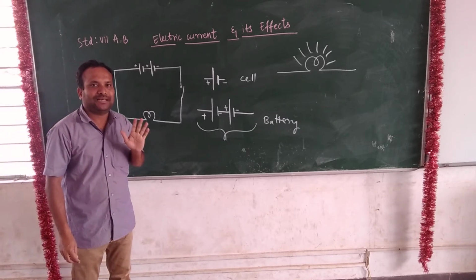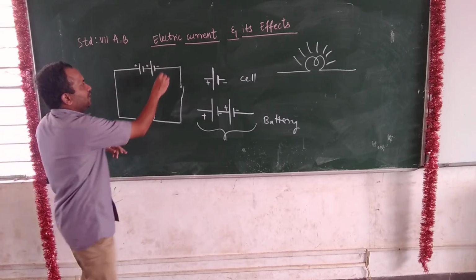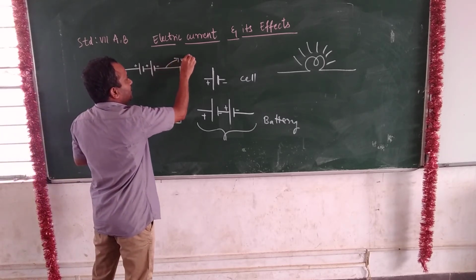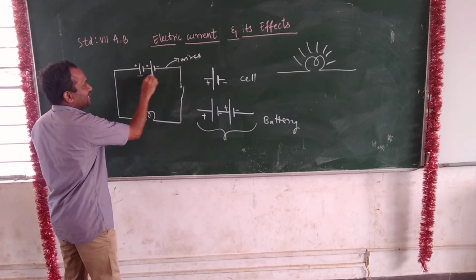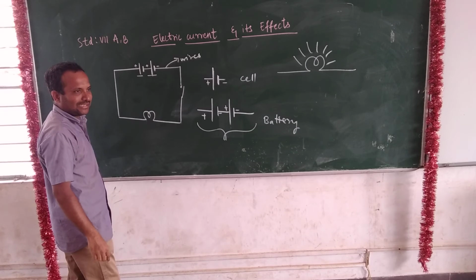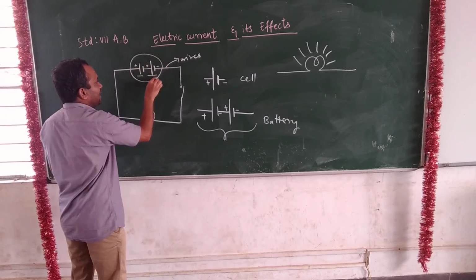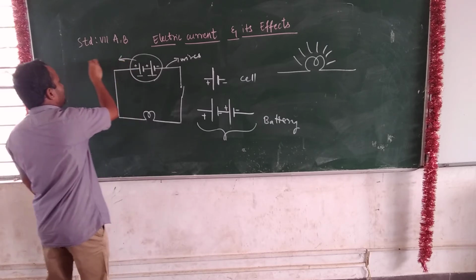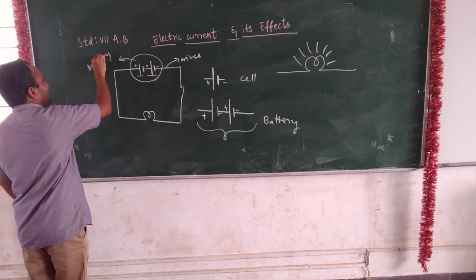In this simple electric circuit, it consists of the connecting wires. Two cells are there. Two cells together we call the battery.